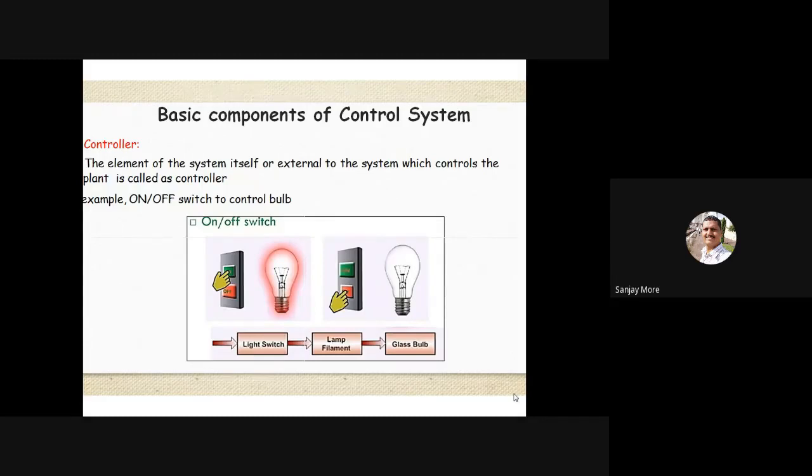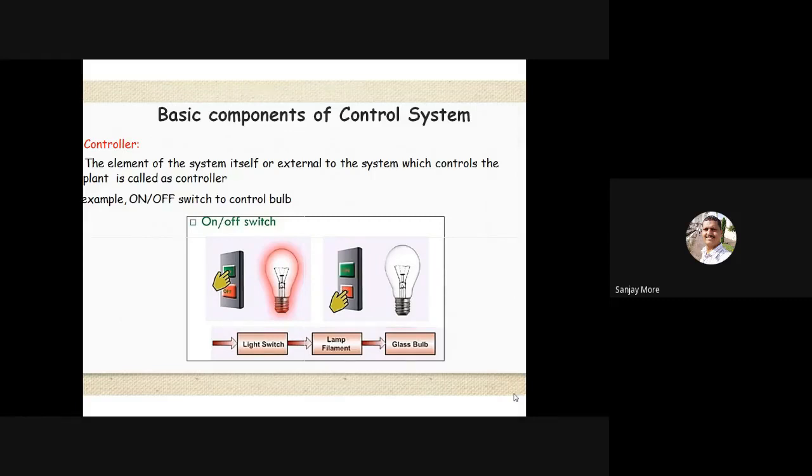Then the controller. In respect of on-off switch, light switches, control is the basic component of a control system. See the diagram. When you press the green button, the light switch is started, meaning the lamp filament and bulb will start. And when you press the red button, the light switch is off.